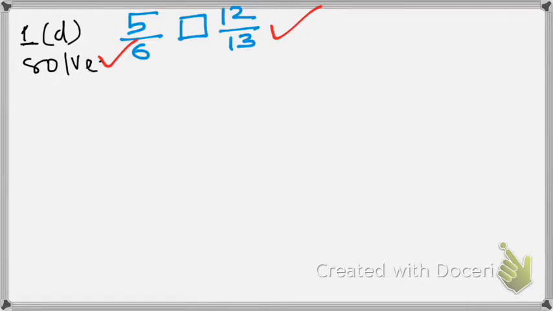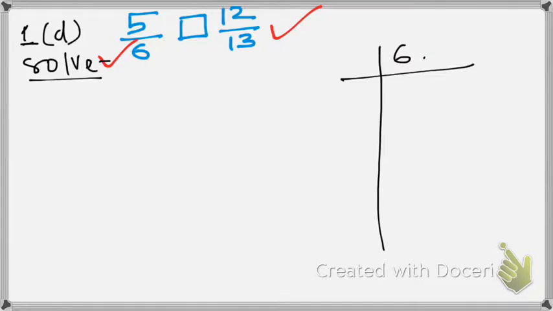Okay, so let's find LCM. First you know that 6 comes in 6 tables, so it will become 1 times. Then 13 does not come in 6 tables, so you just write 13 here.